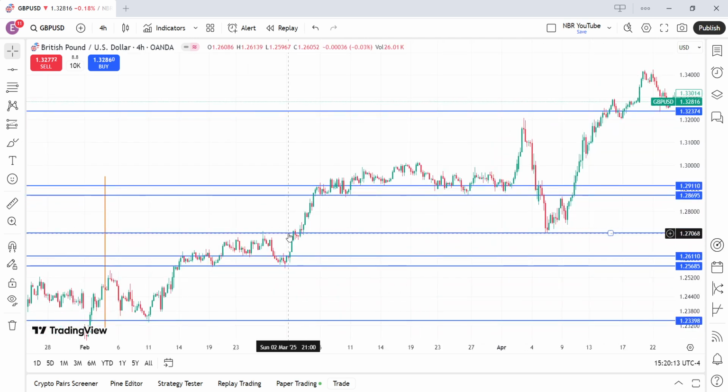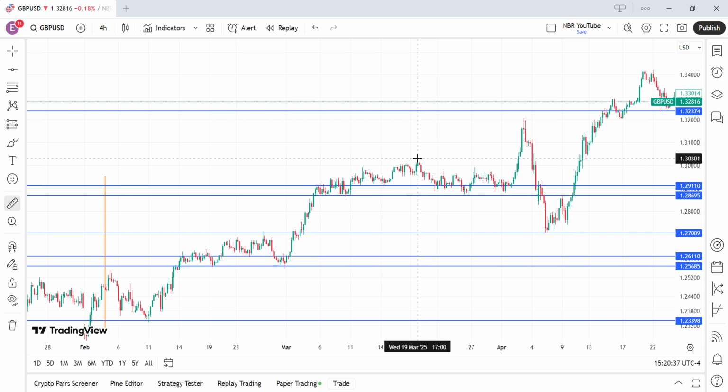So look at this area here and look here. You're finding the same setups I was showing you 2, 3 days or 4 days ago, I don't remember, in the other video. So I want you to focus on that type of price action and see how many opportunities you are able to find weekly.